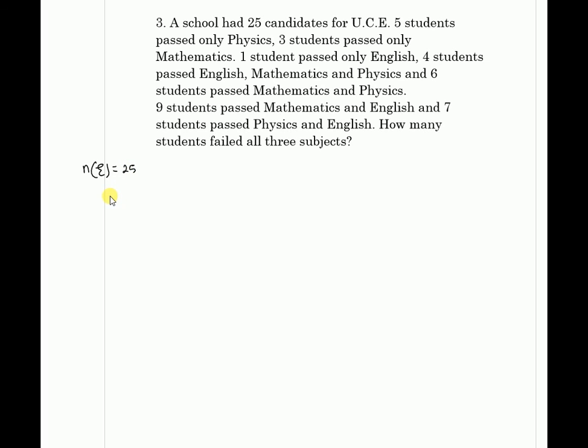Now 5 students passed only physics. The subjects we have are physics, mathematics and English. So we shall assume that E is the set of students who passed English.